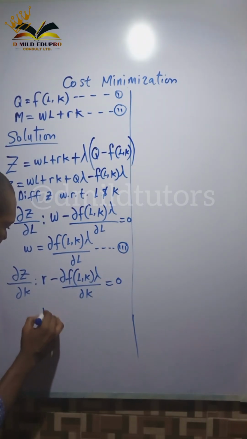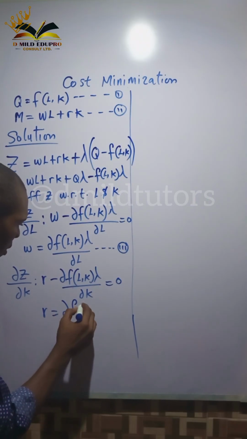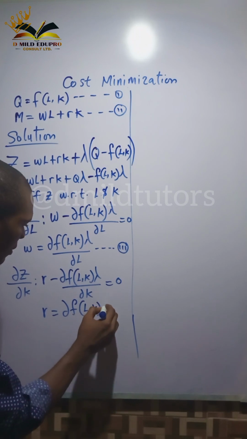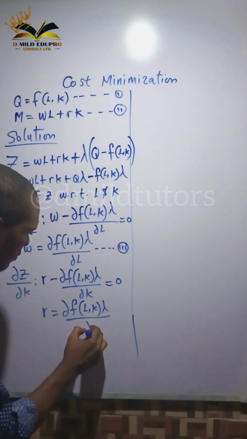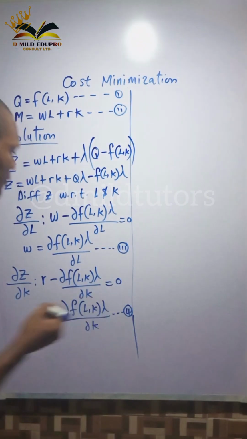So this finally becomes R equal to F of L, K, lambda over K. This is equation 4.